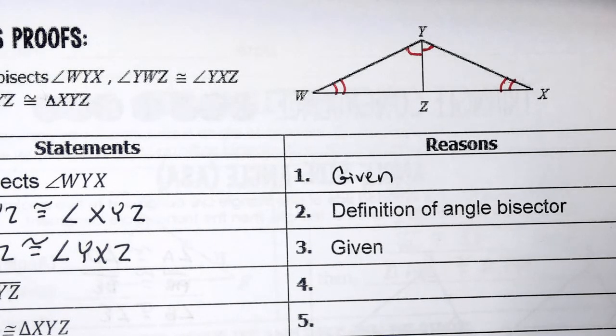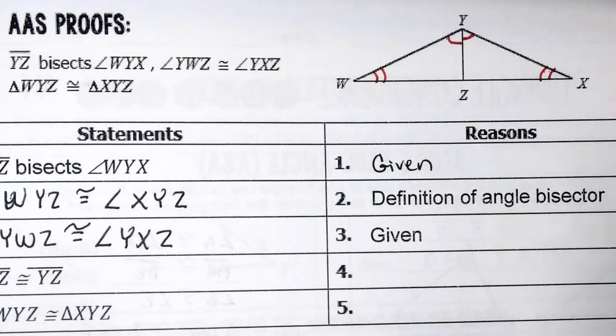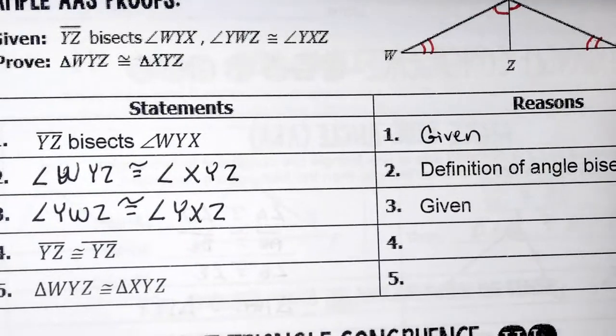If you say definition of angle bisect, I have to be dealing with two angles. Are these even angles I'm talking about right now? So why would that even make sense to put there? But stop guessing. I'm saying the side is congruent to itself. YZ is congruent to YZ.